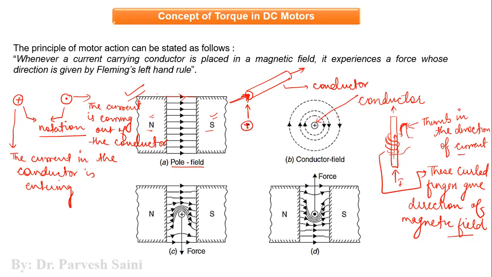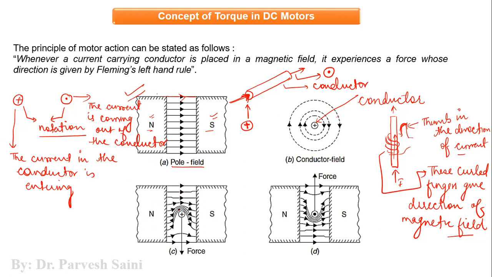This means the current is going into the conductor. And this particular end is represented as a circle and a dot. So this dot represents that the current is coming out from this point. Whenever you see a plus sign in a circle, understand that the current is entering at this end of the conductor. And when you see a dot in a circle, understand that the current is coming out of the conductor.